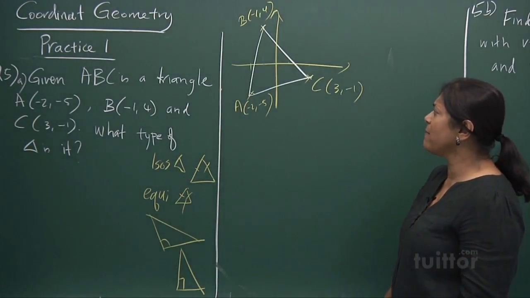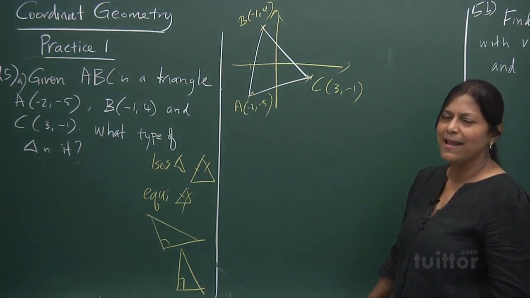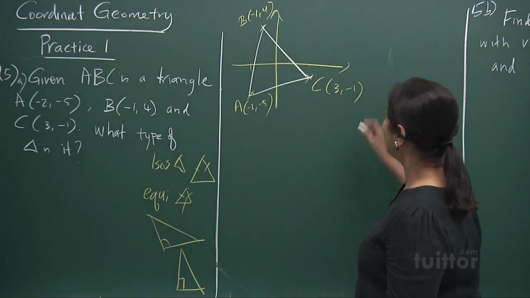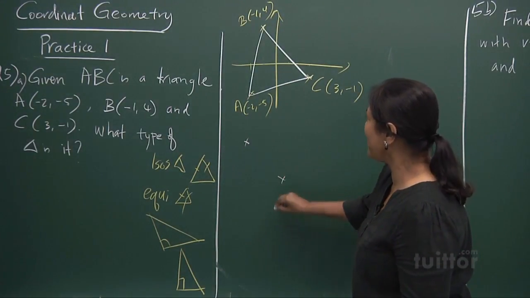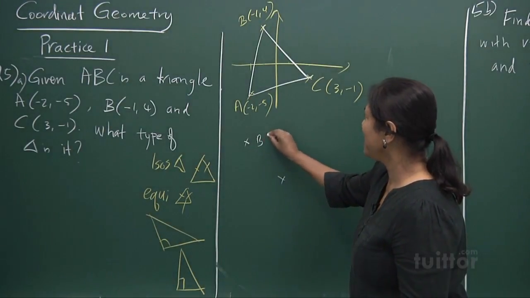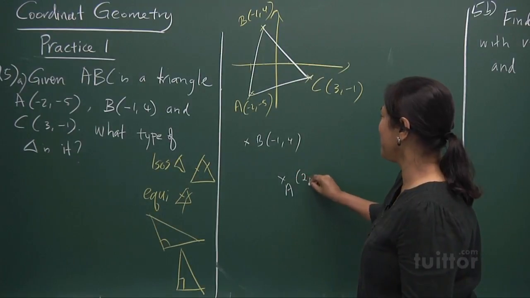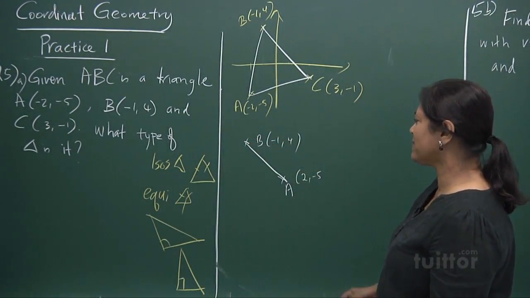Now we look at the sum and we want to find out the best way. Let's find the length of AB. I think you're an expert in that right now. We take just two points, A and B: B is minus 1, 4, and A is minus 2, minus 5. What is the distance?